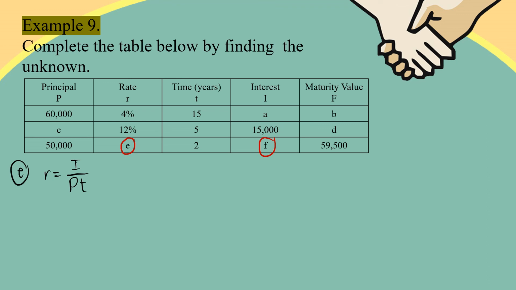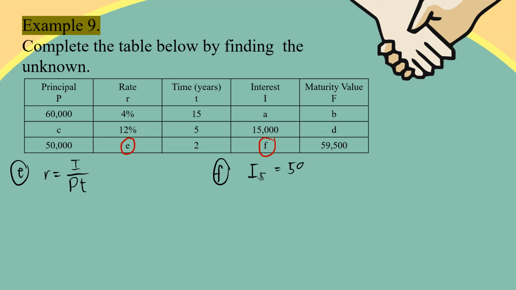Since hindi pa natin pwedeng isolve si rate kasi wala pa tayong interest, try muna natin hanapin yung interest. So, for the interest, or yung tubo, given na si principal at saka si maturity value, pwede mo na lang ipag-minus yan.